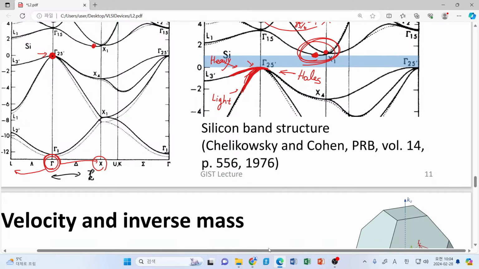Therefore, we must memorize, understand and get familiar with their individual behavior. In this course, we are almost exclusively involved with the silicon material, so we must understand the behavior of our silicon conduction band and silicon valence band.